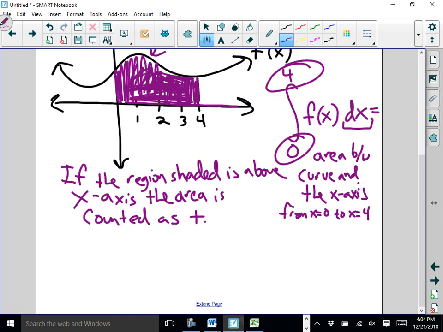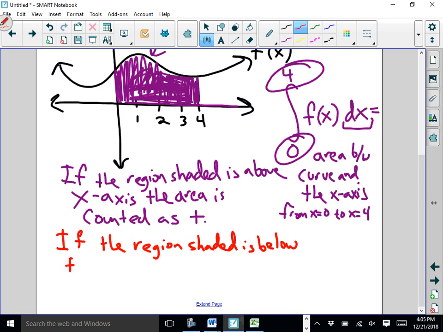If the region shaded is below the x-axis, the area is counted as negative.